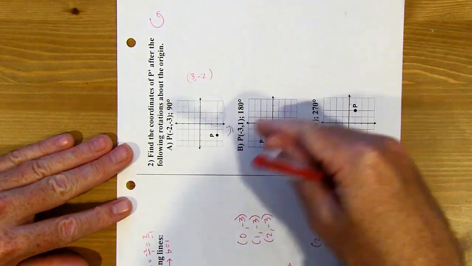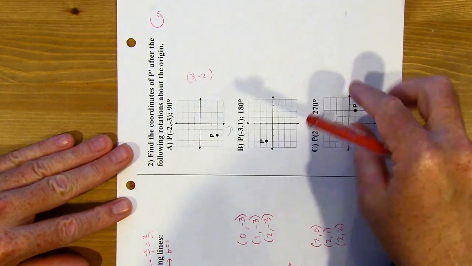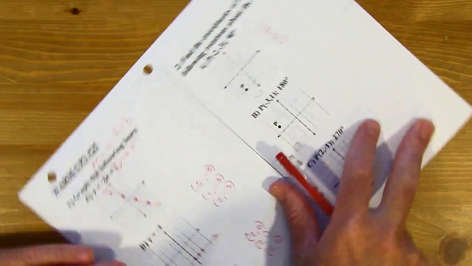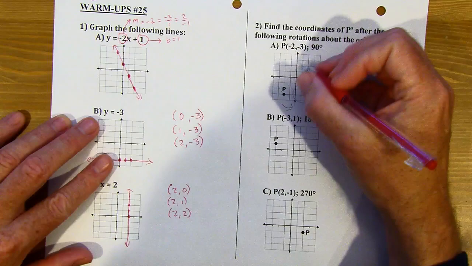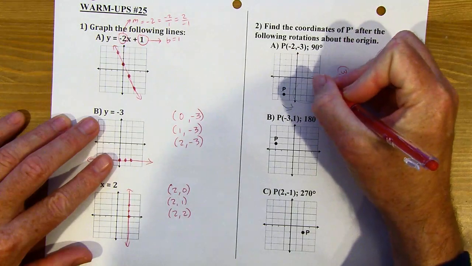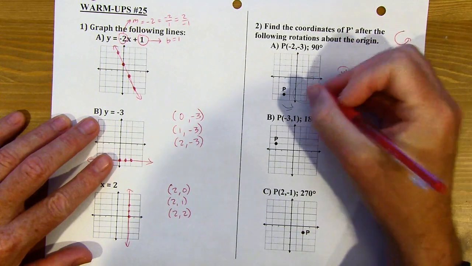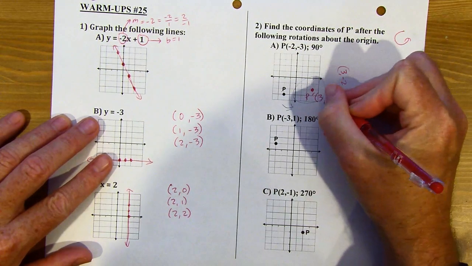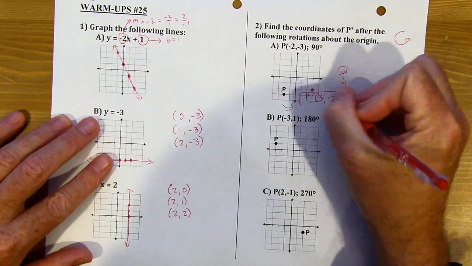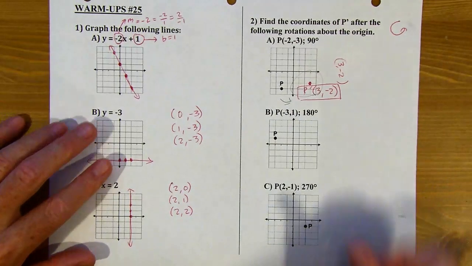And that should be where my new point ends up. So I'm going to put the paper right way up again, and I can see, okay, I wrote down 3, -2. So let's try it. 3 to the right, 2 down. And hey, that is where my point is after that rotation. So it's the point 3, -2. Okay, and it ended up in the right zone.